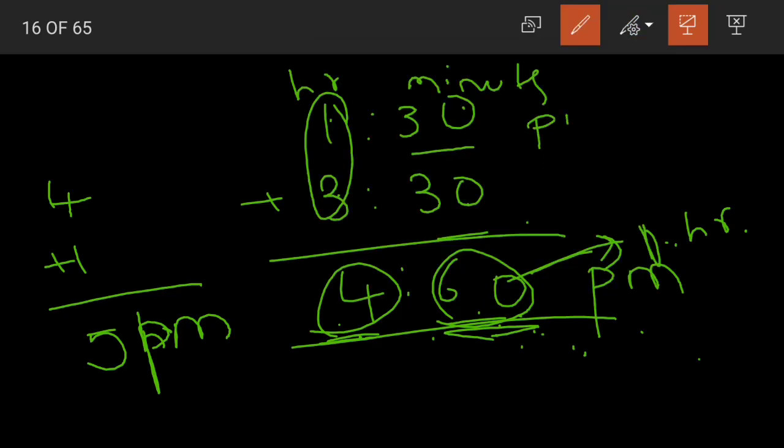She came at 1:30 p.m. She stayed for 3 hours 30 minutes and then she left at 5 p.m. Understood, children? 1:30. She stayed for 3 hours 30 minutes.